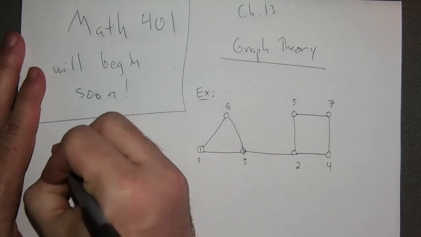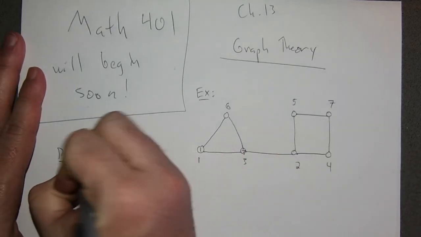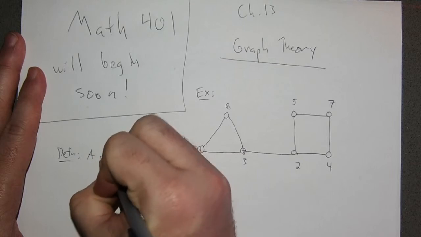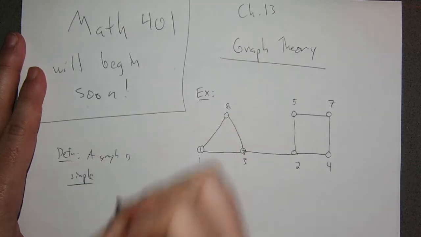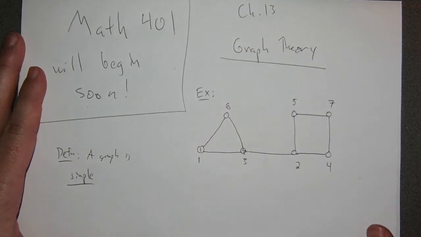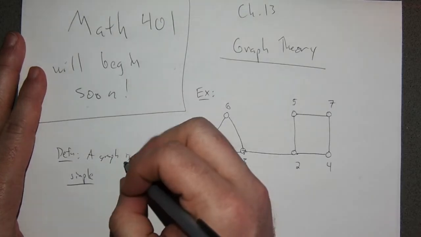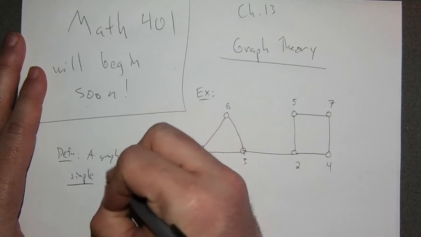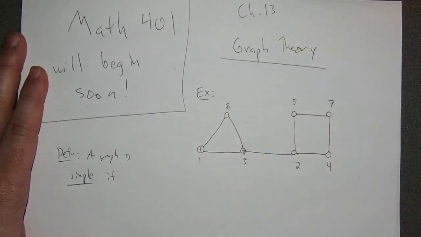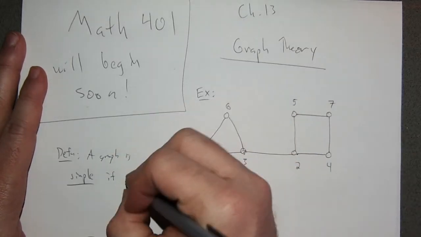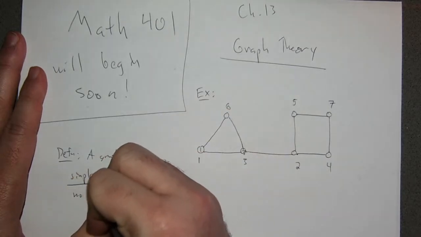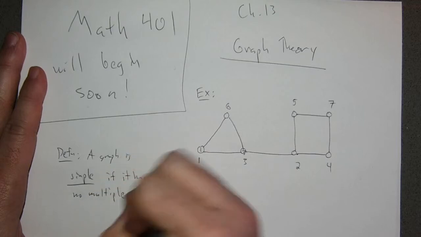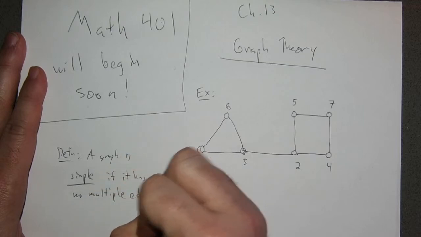So quick definition: a graph is simple if it has no multiple edges and no loops.